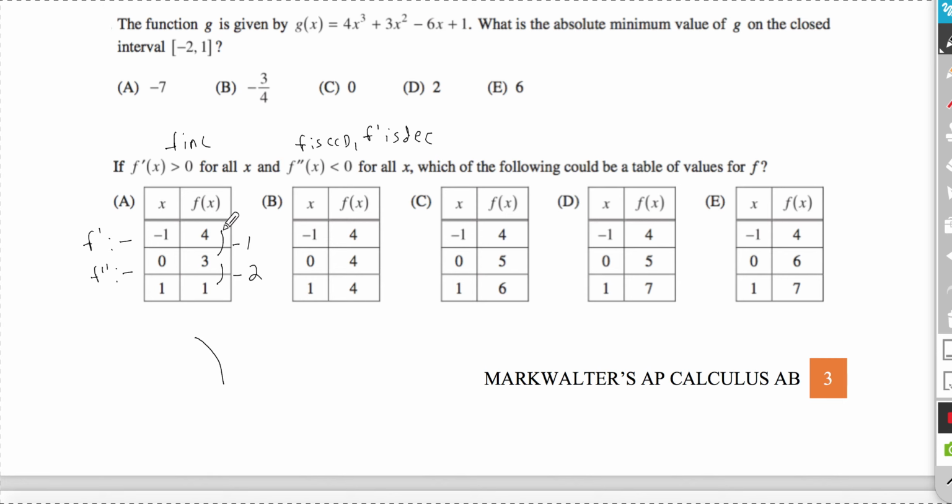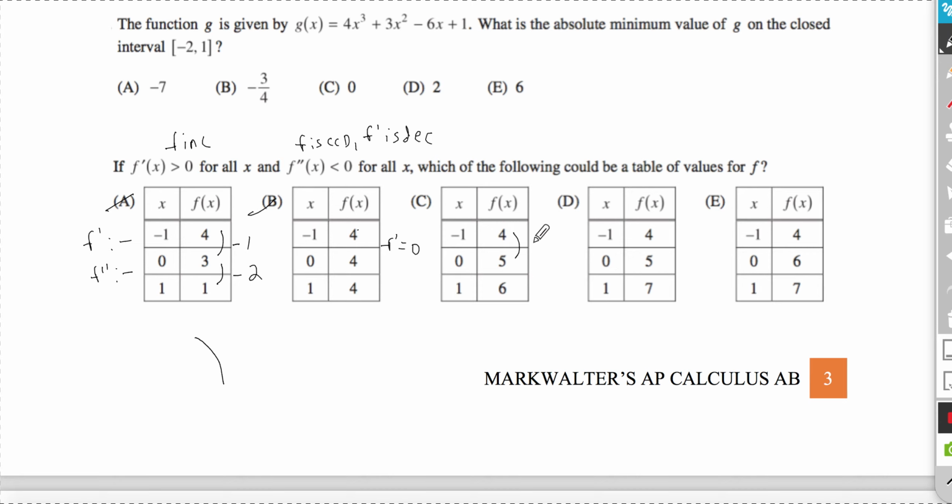F prime is negative and decreasing. That's what we see, the difference. We're getting more and more negative. Here, 4, 4, 4, that means f prime is 0. It's a constant function, or at least it looks like it could be constant. Neither of those work for us.